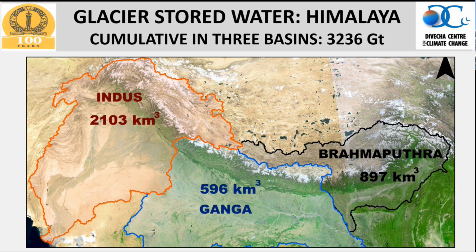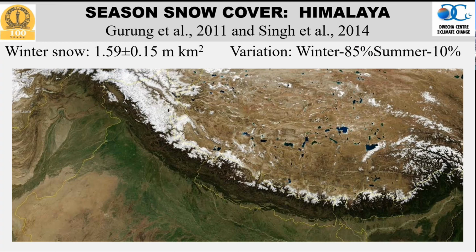In addition to that, seasonal snow cover is also a major component of Himalayan cryosphere. We have during winter time approximately 1.6 million square kilometer area, and that is the maximum area you can see during winter time, and it reduces almost to 10% during summertime.